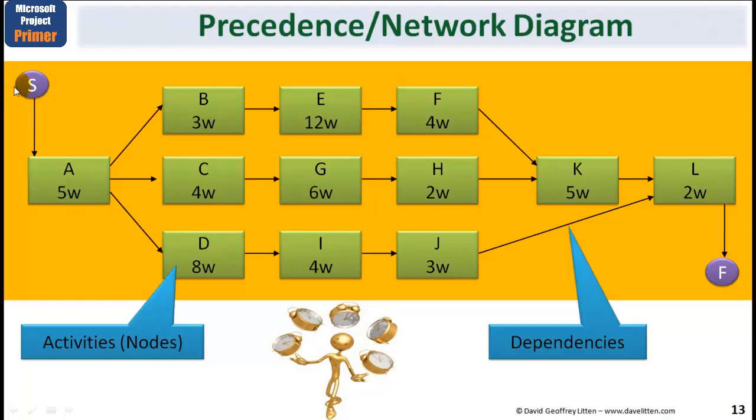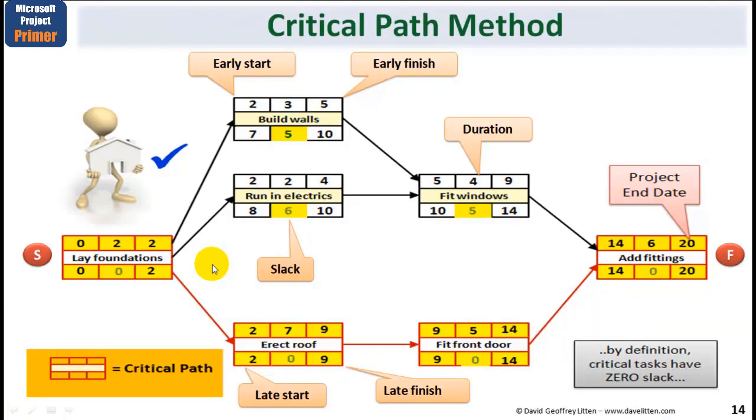Let's imagine this is the start of your project and this is the end of the project, shown as a network diagram. The activities themselves, or tasks as Microsoft Project calls them, are called nodes, and of course the dependencies are shown by arrow linkages. I'm showing you a simple network diagram here with a few numbers painted in.